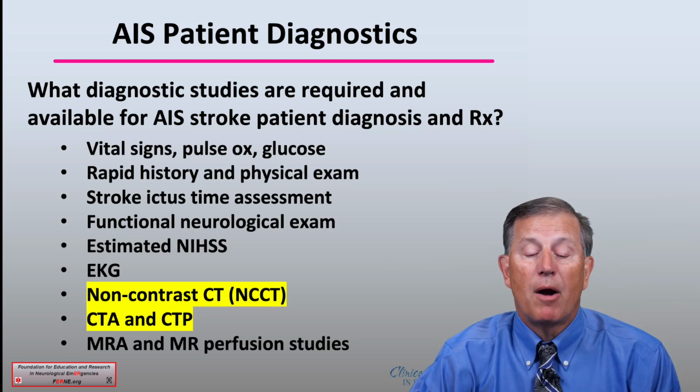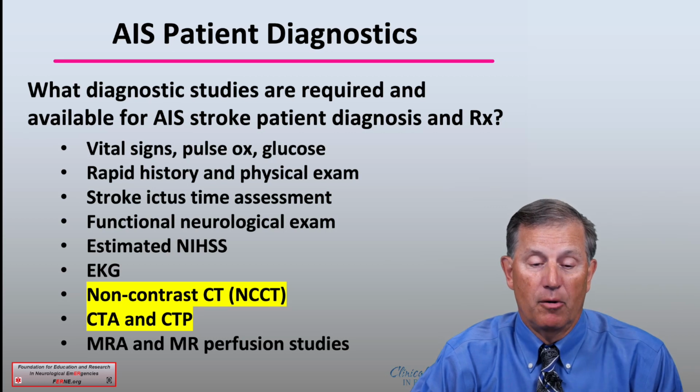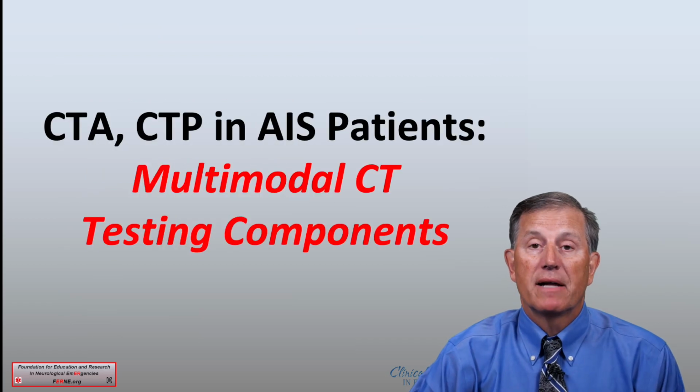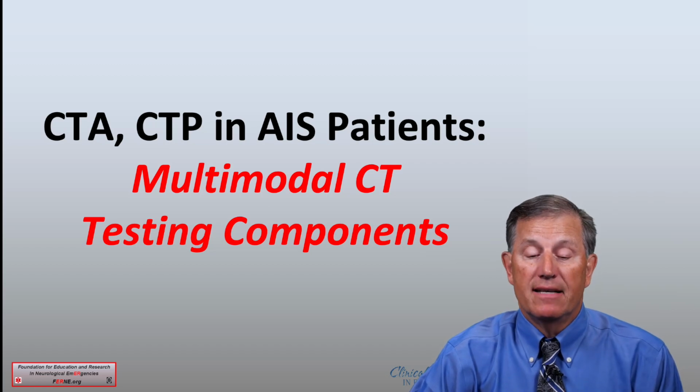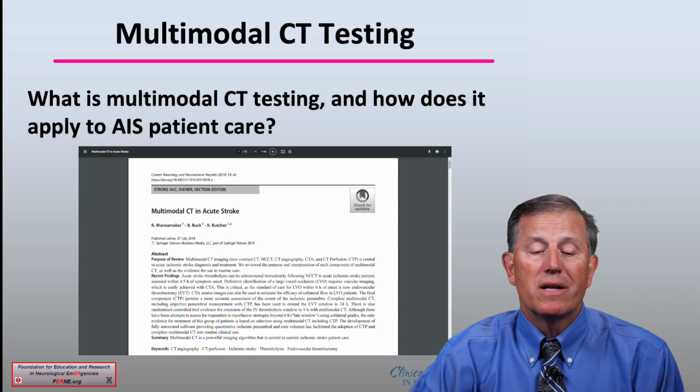We understand that MRA and other MR perfusion studies are also an option, but we also understand that most often these tests are not used acutely because of the time requirements, especially related to the need for acute thrombolytic therapy. When we talk about CT studies, we are talking about multimodal CT testing and its individual components. So what is multimodal CT testing, and how does it apply?